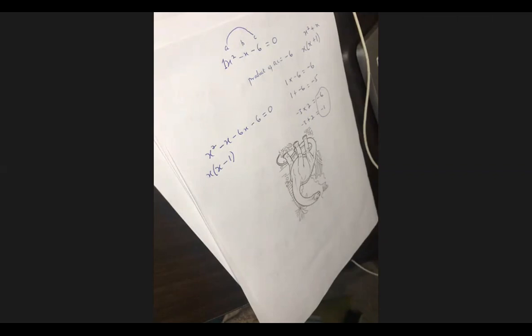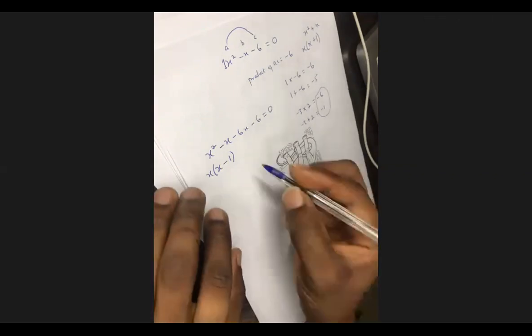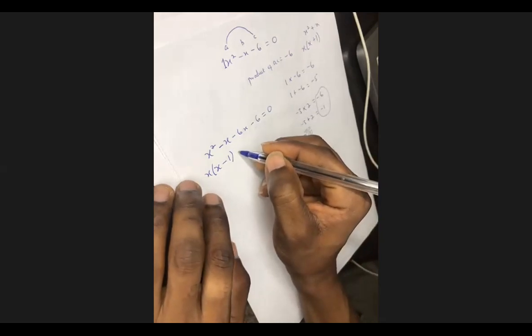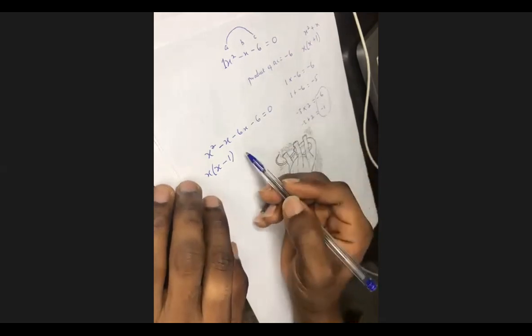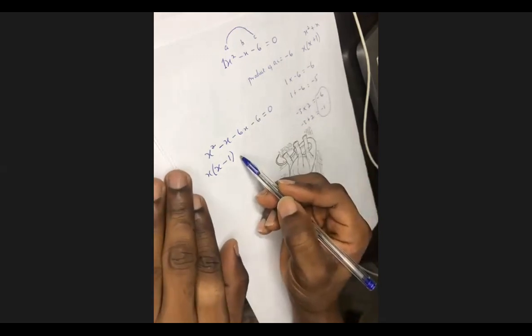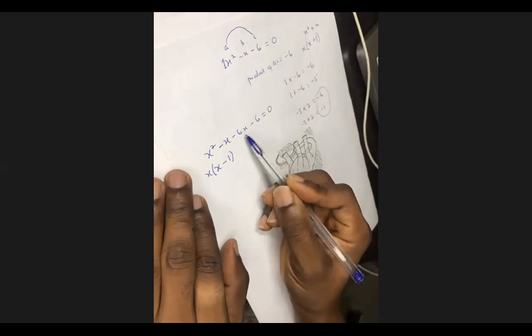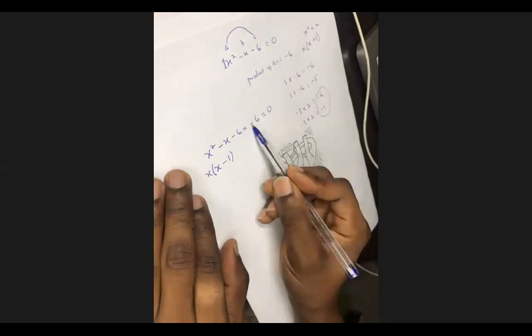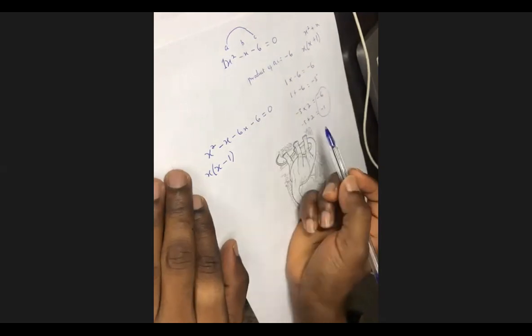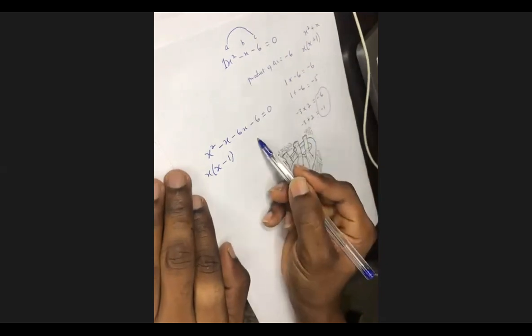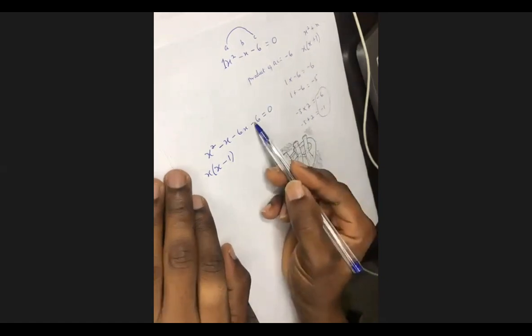Now, if I bring negative 6 out, it means that I should multiply the negative number and a positive before I can get a negative number.